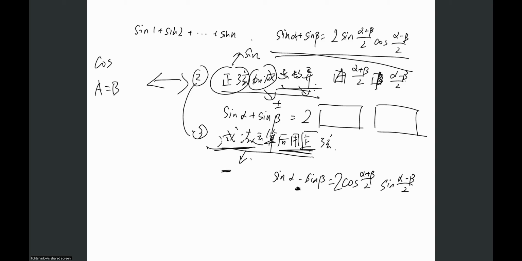If there's a plus sign on the left-hand side, the right-hand side uses cosine. So this line contains a lot of things.